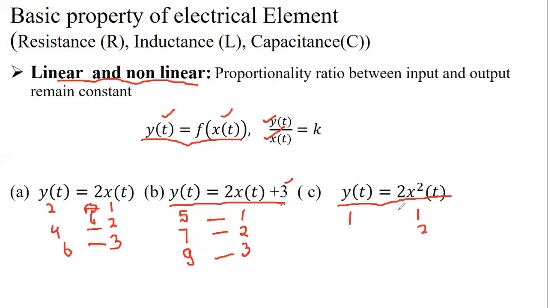For x(t) equal to 2, the output is 8. For input 3, 3 squared is 9, into 2, 18. So again the y(t) and x(t) relation is not constant. So this is a non-linear equation.